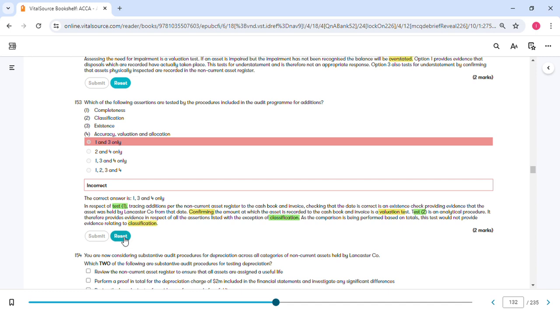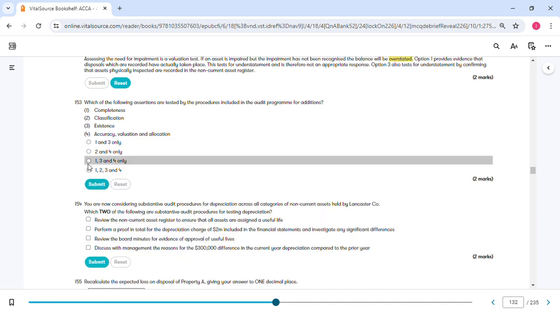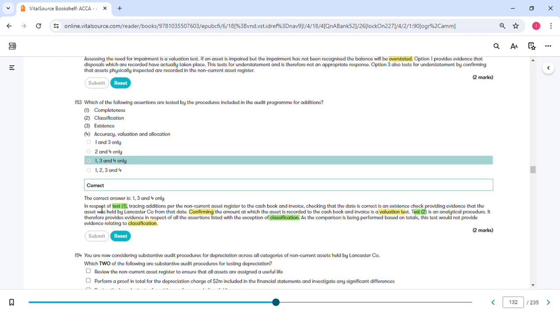Completeness, existence, and accuracy and allocation. Read once again, please. Test 1 and test 2.